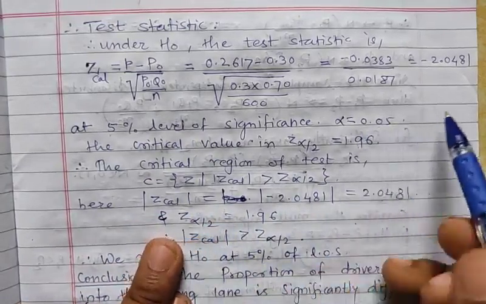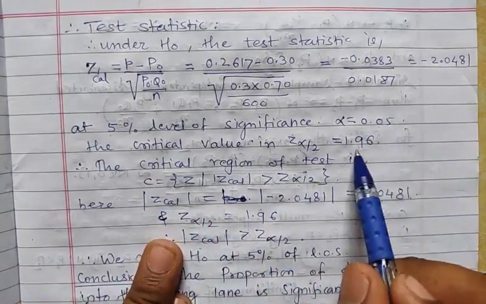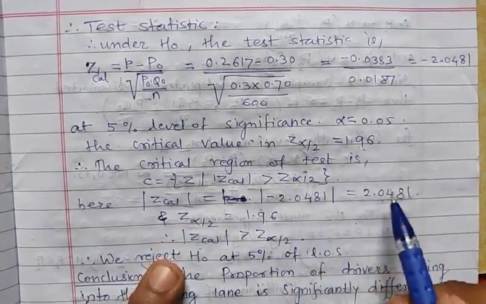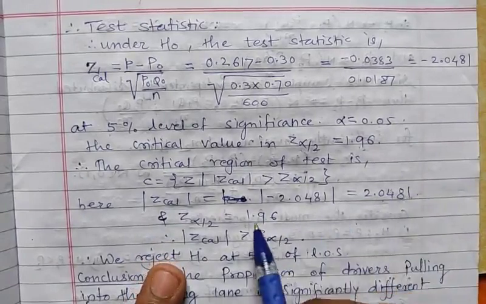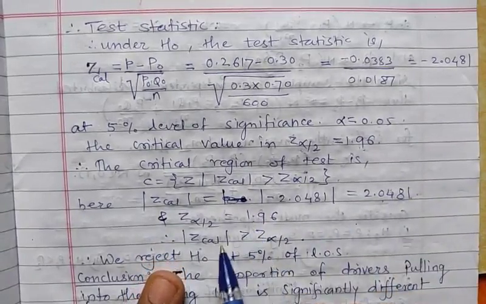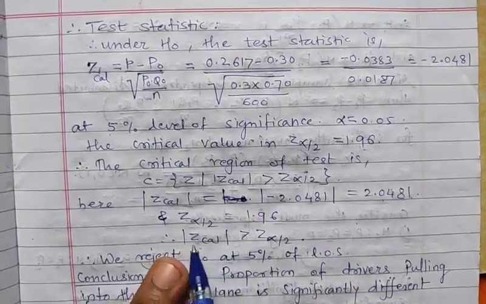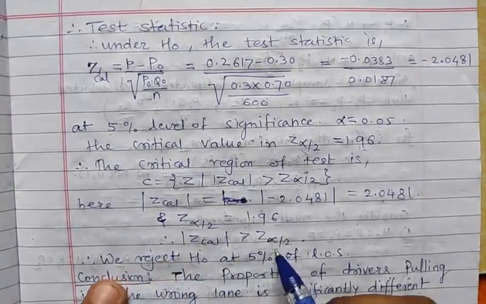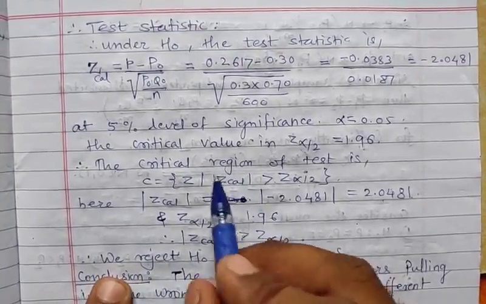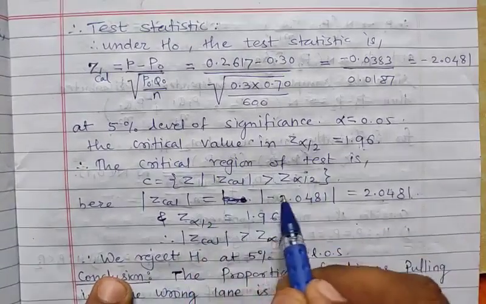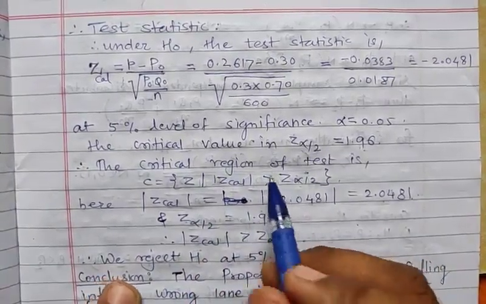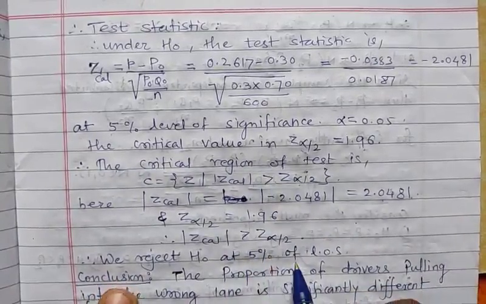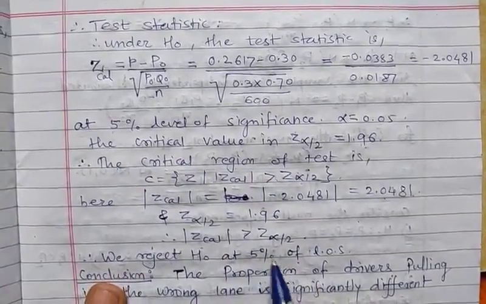And Z alpha by 2 has value 1.96. Now we observe that between these two values, 2.0481 is greater than 1.96. Therefore, mod of Z calculated is greater than Z alpha by 2. So this condition is satisfied. Therefore, we reject H0 at 5% level of significance. Okay. So here we reject H0.